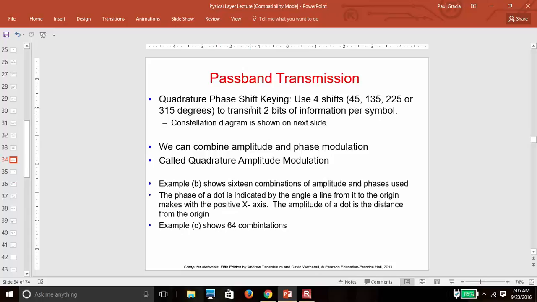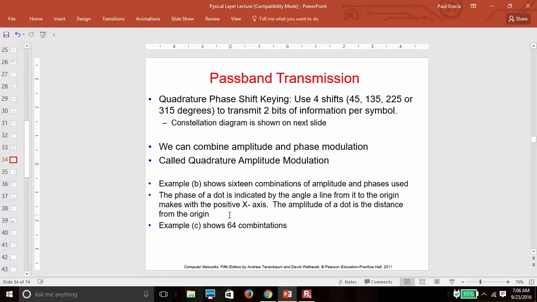Now if we build upon that by combining a phase modulation with an amplitude modulation, we have what's called quadrature amplitude modulation. There are some examples on the next slide. The first one shows 16 combinations of amplitude and phase, and the third one shows 64 combinations.